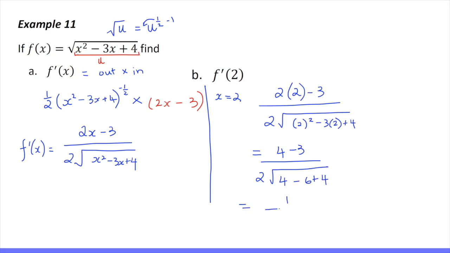The top, 4 minus 3, is just 1. And at the bottom, 4 plus 4 is 8, minus 6 is 2. And so the answer here is 1 on 2 root 2. I probably don't need this long square root. What we can do is rationalize the denominator by multiplying both the top and bottom by root 2. So that will equal root 2 on 4.